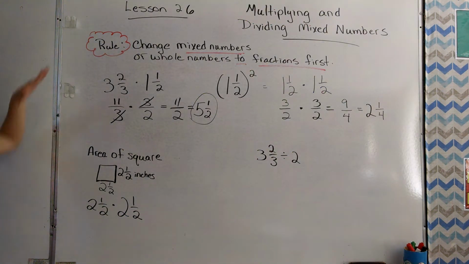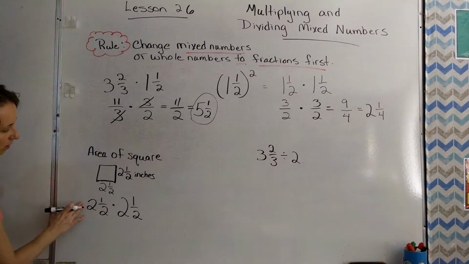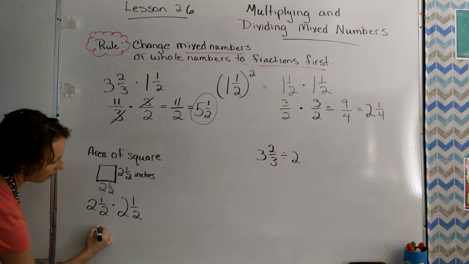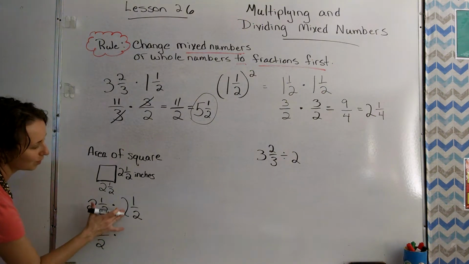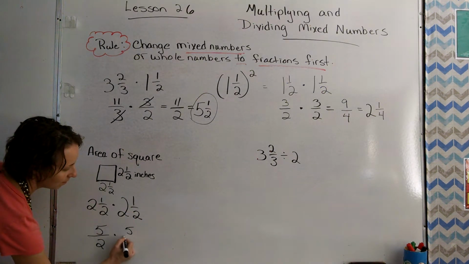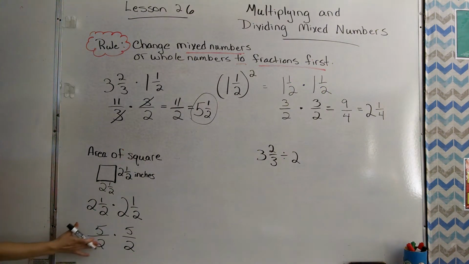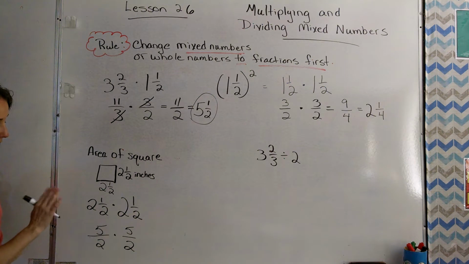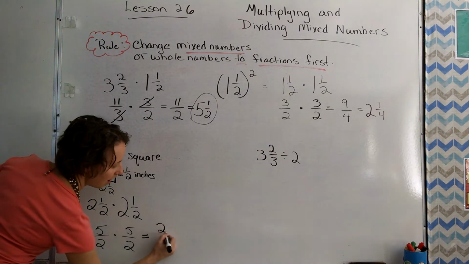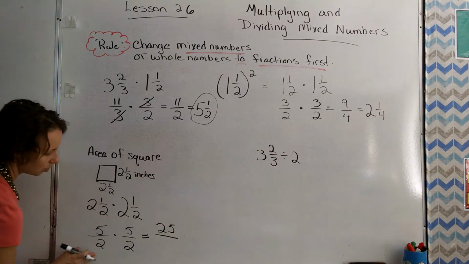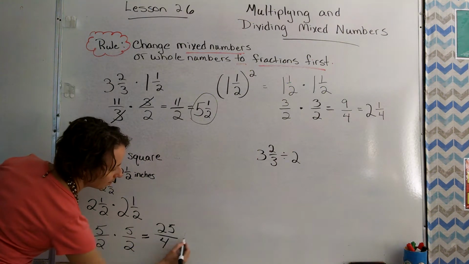All right, same steps. Change our mixed numbers into fractions. 2 times 2 is 4, plus 1 is 5. 5 halves times 5 halves. Cancel out if there's anything to reduce. There's not. 5 times 5 is 25. 2 times 2 is 4.